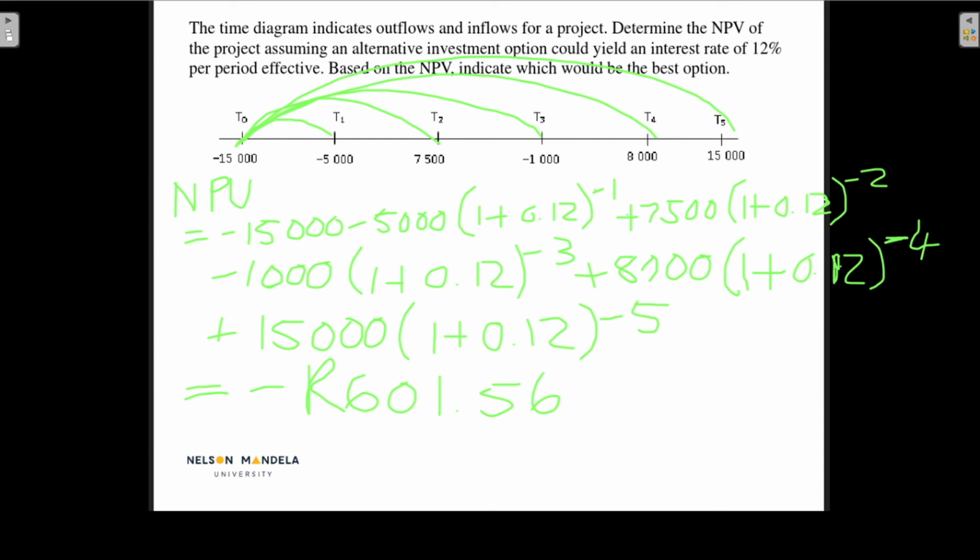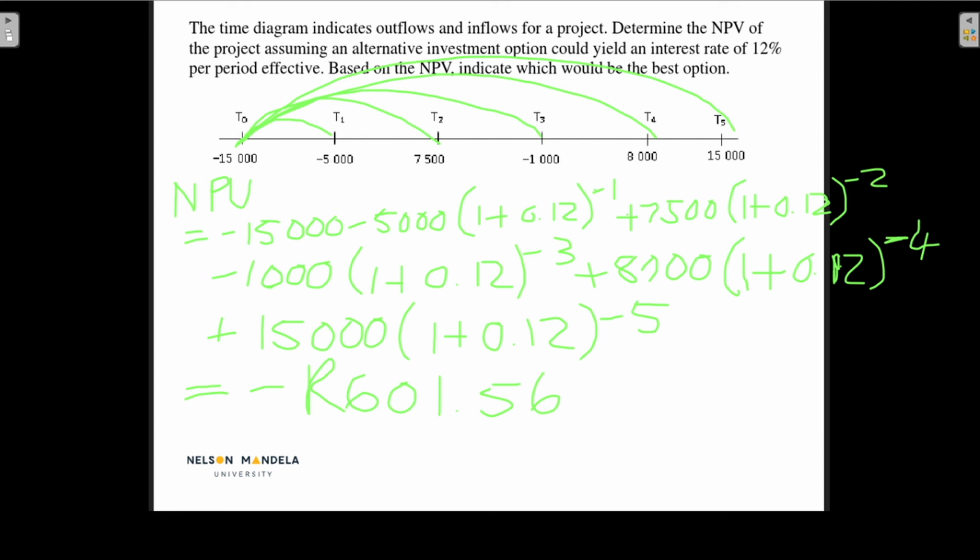We can also, because the inflows and outflows are all spaced equally, and they're all one time period in between the inflows and outflows, we can also do this on the calculator. So I would suggest that you redo this example and use your financial calculator to get the net present value.